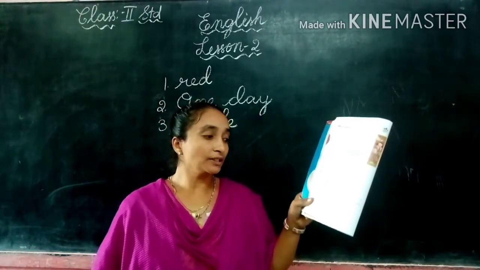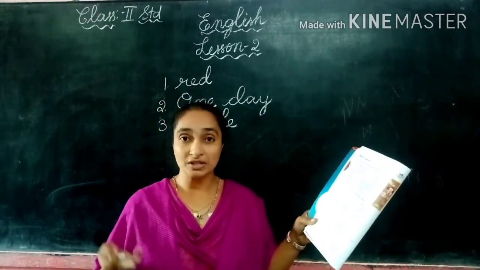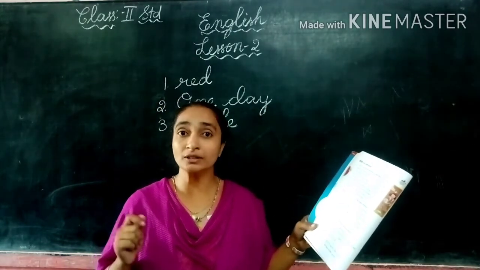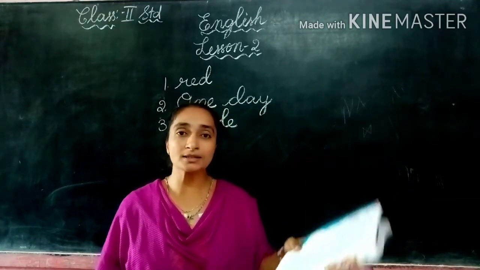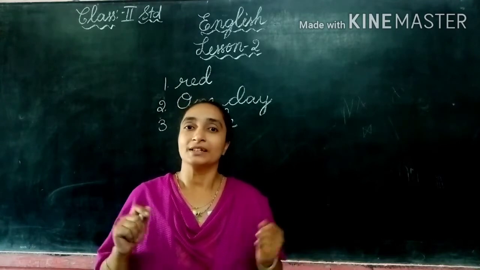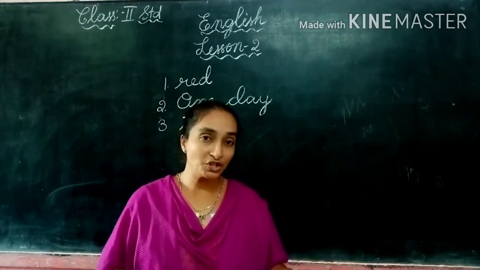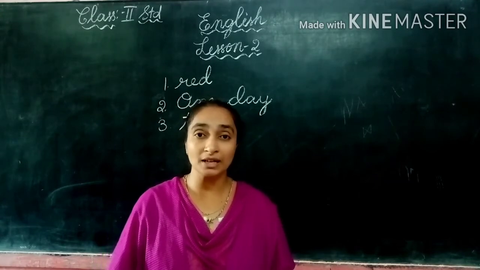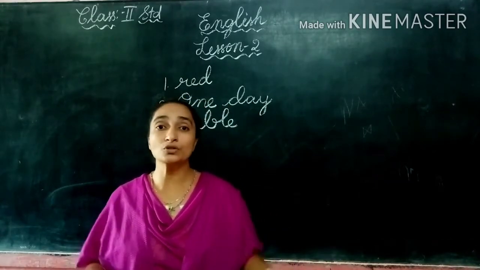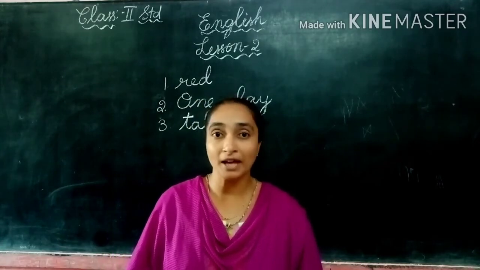The fourth one is: the ribbon was not on the table. So when she saw the ribbon was not on the table, was Sarah happy or surprised? Yes, the answer is surprised. When she came and saw the table, the ribbon was not there. So she was surprised, not happy.